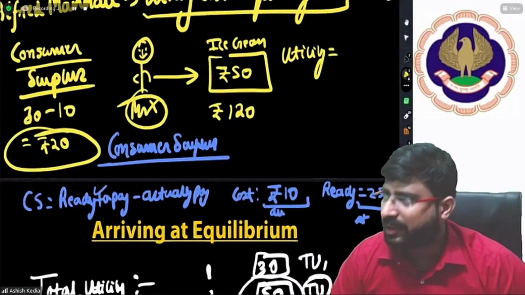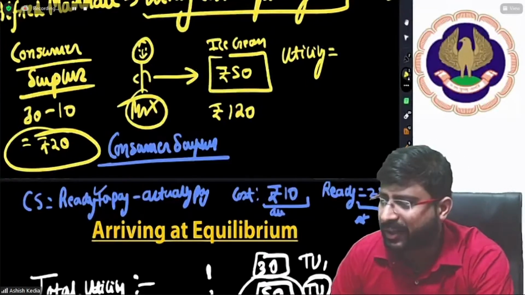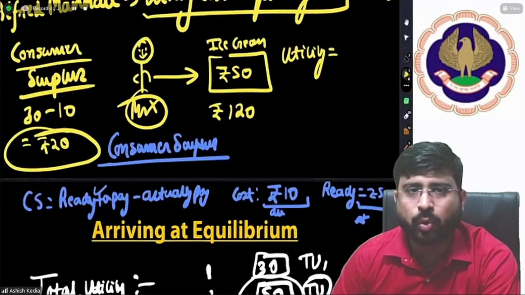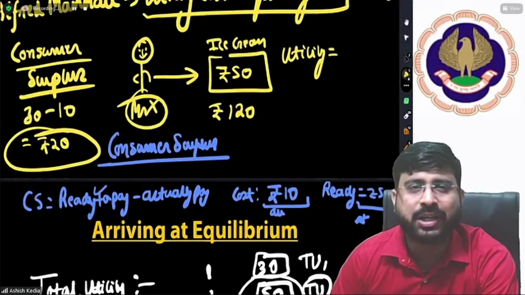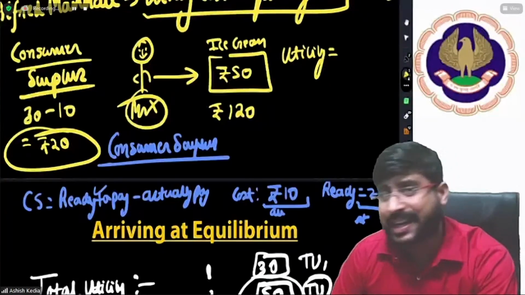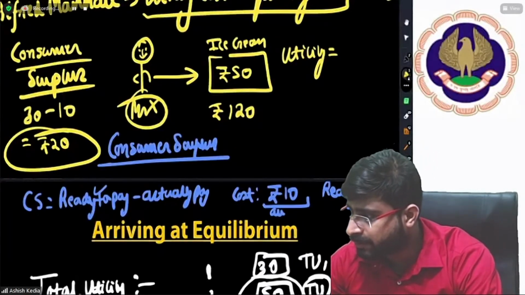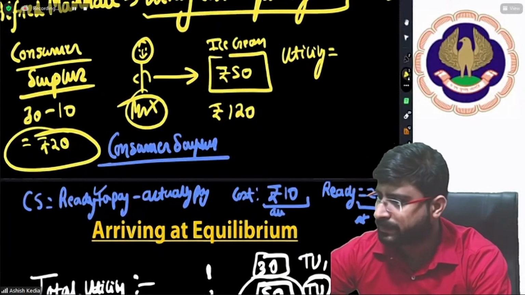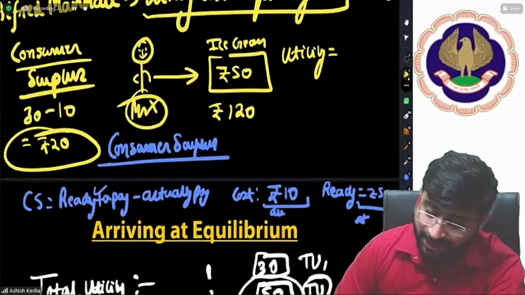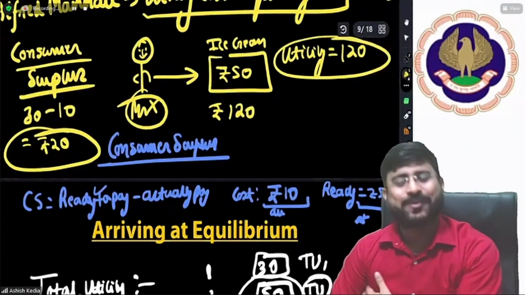Utility is what we are actually ready to pay. Remember, I asked what is utility, not consumer surplus. Very good. Value of utility is 120 because you were ready to pay 120.